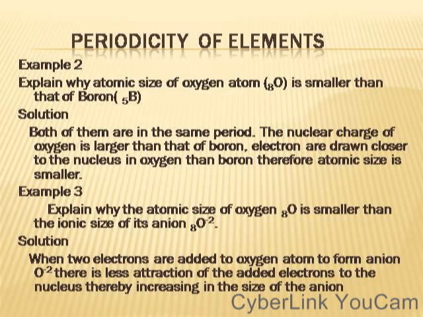So there will be less nuclear charge in the anion than in the corresponding oxygen atom. Another reason is the shielding effect. There will be great repulsion between the inner electrons and the outer electrons, as a result of the added electrons.